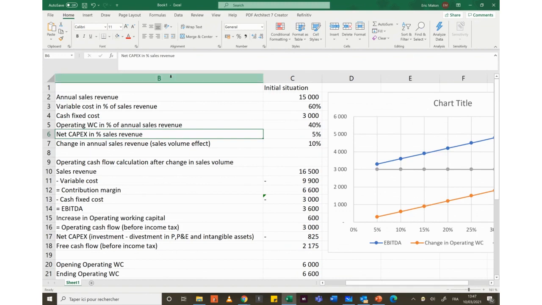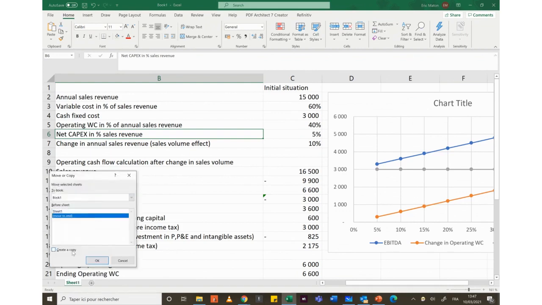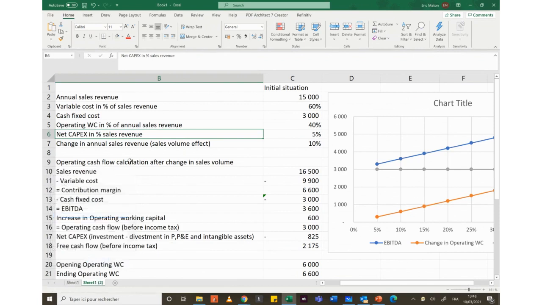So we can have another one, where we suppose we have gross fixed assets which are constant. In this case, you don't need to invest at all.